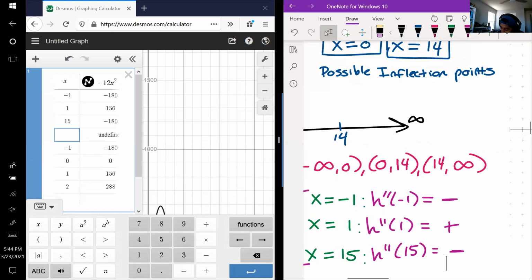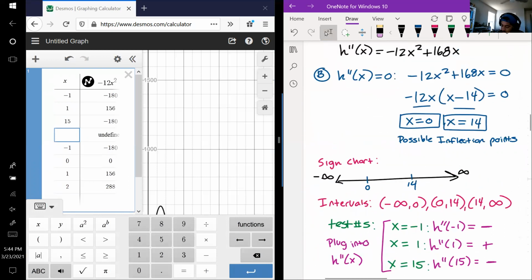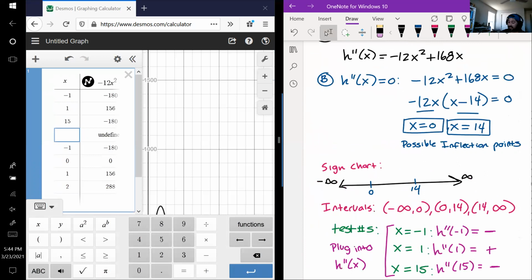Now looking at the sign chart, from negative infinity to 0, I get a negative output no matter what number I pick. The answer will always be negative, so this means we are concave down. Negative and concave down. I can even draw a little picture there. This is what concave down looks like.